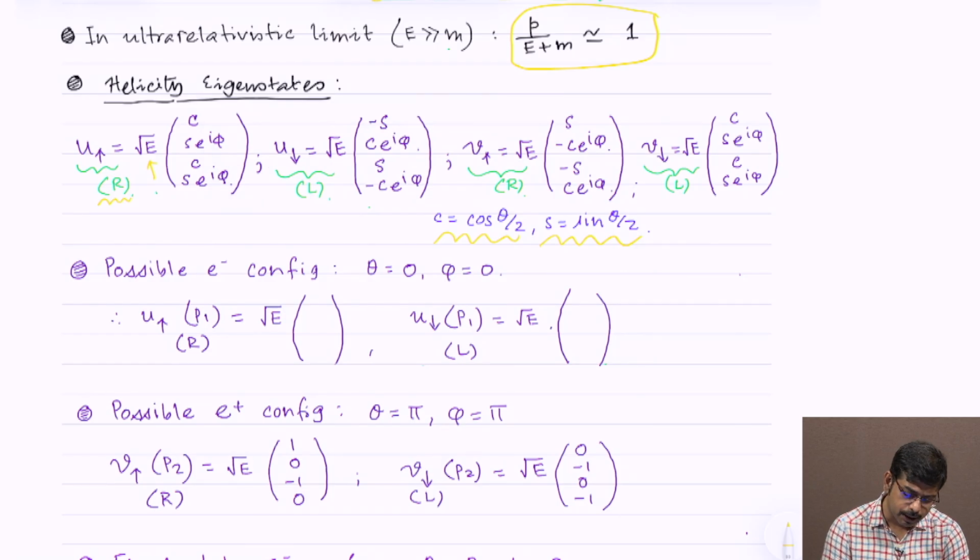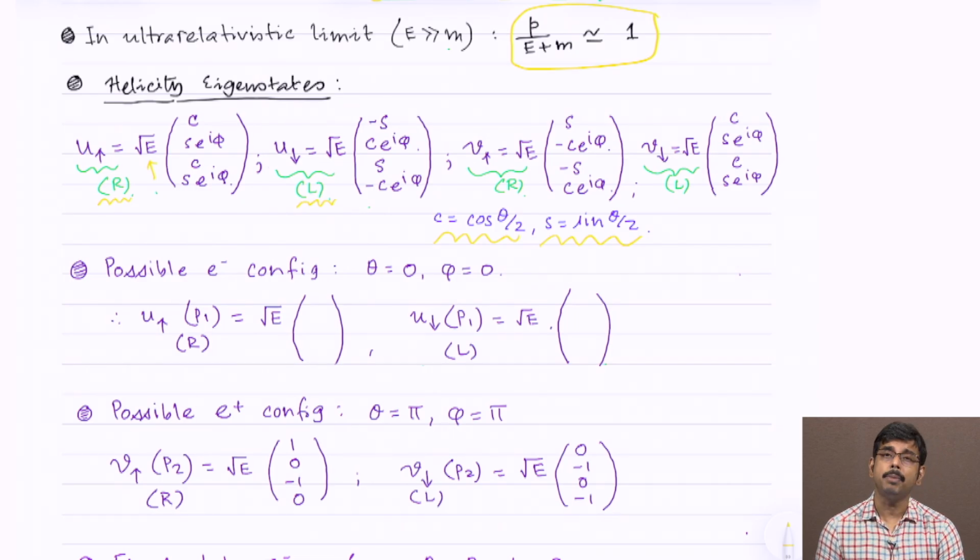So this is cos theta by 2, sin theta by 2 e to the power i phi, cos theta by 2, sin theta by 2 e to the power i phi for u up. Similarly, u down, representing the left chiral or left helicity state, will have minus sin theta by 2, cos theta by 2 e to the power i phi, sin theta by 2, minus cos theta by 2 e to the power i phi.